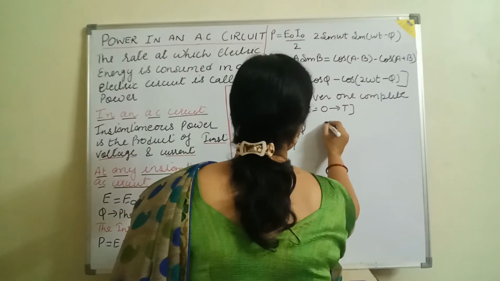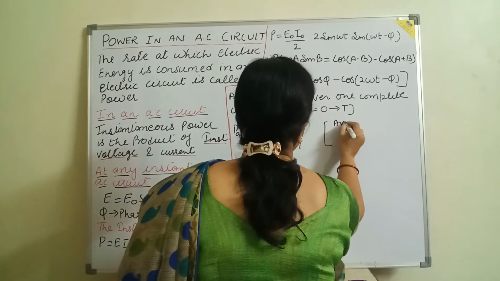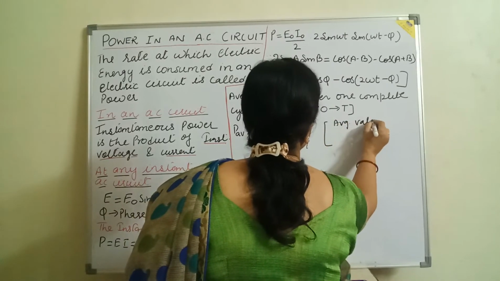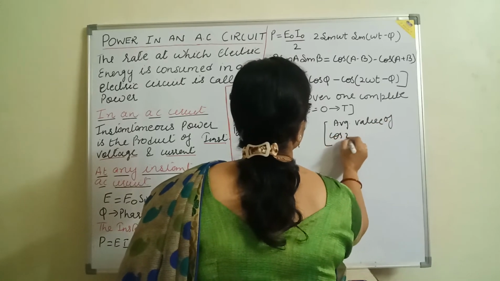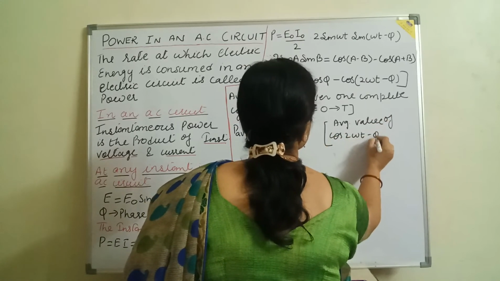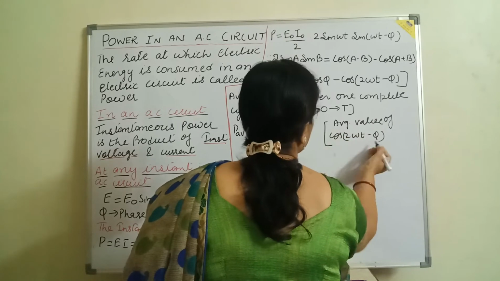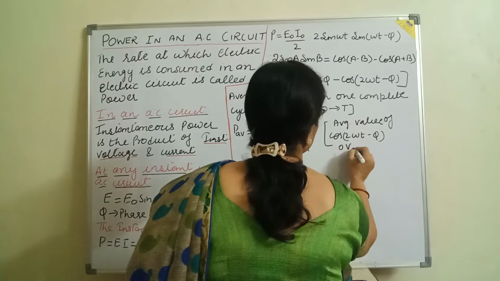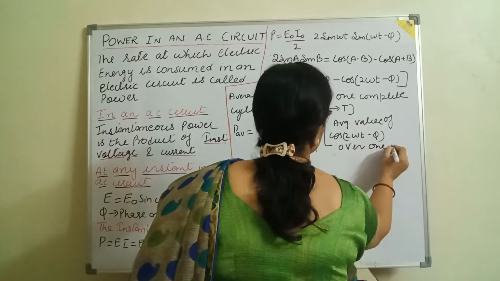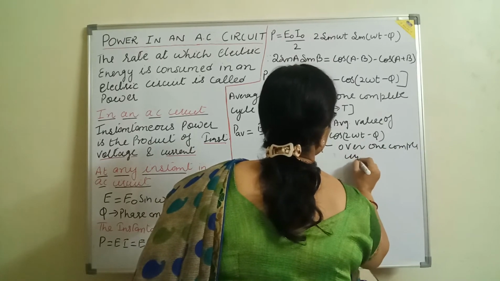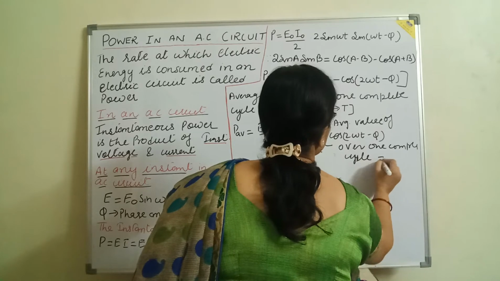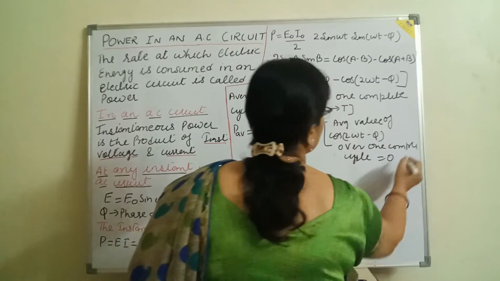The reason is that the average value of cos (2 omega t minus phi) over one complete cycle is equal to 0.